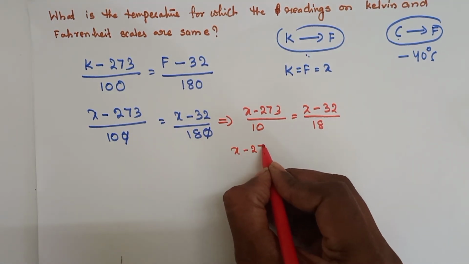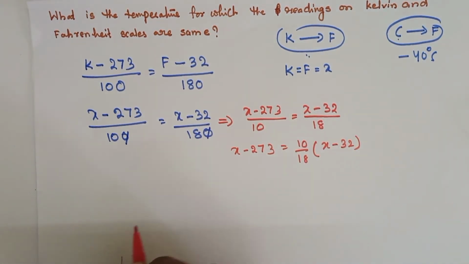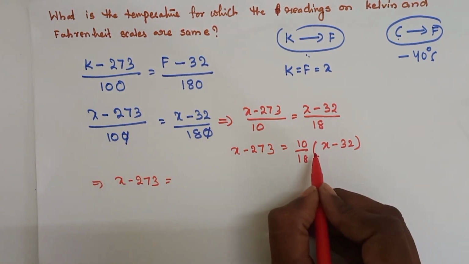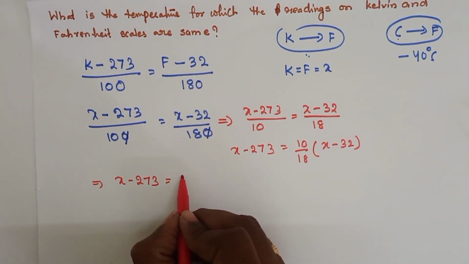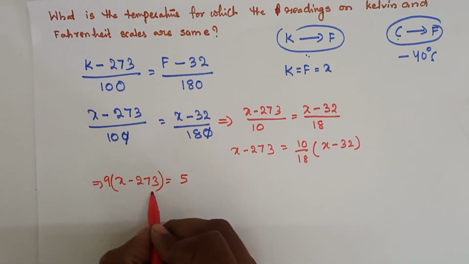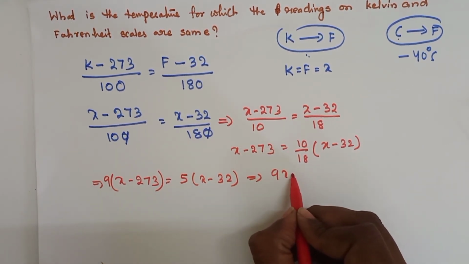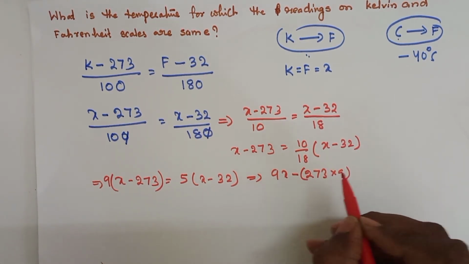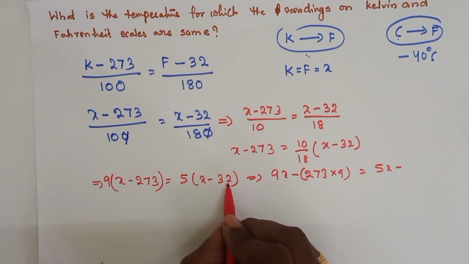So X minus 273 is equal to 10 by 18 into X minus 32, which is 5 by 9 into X minus 32. So 9X minus 273 into 9 equals 5X minus 32 into 5, that is 180 plus 160.